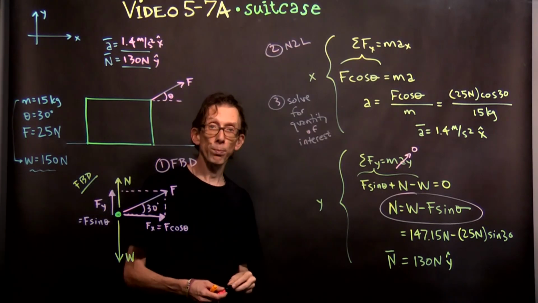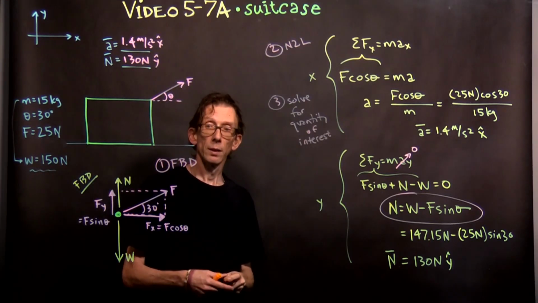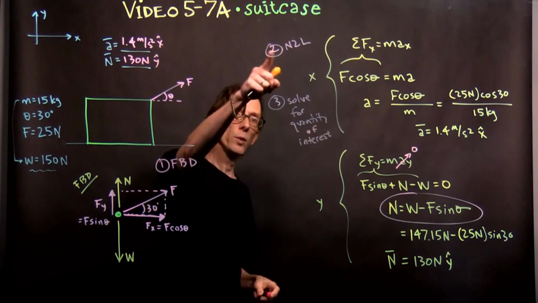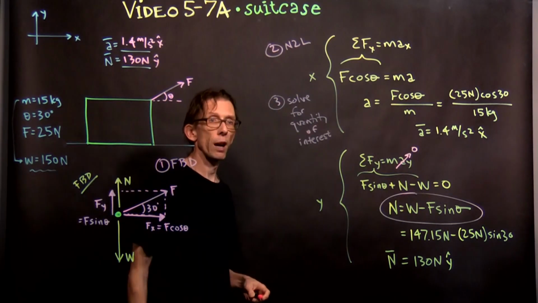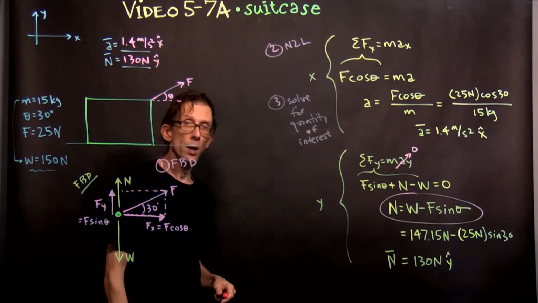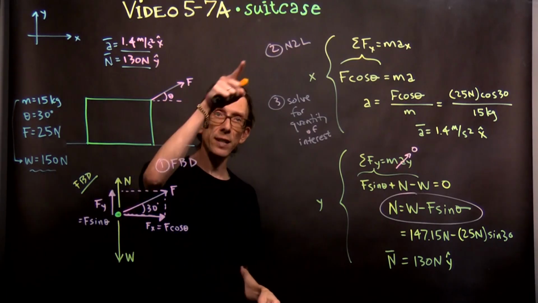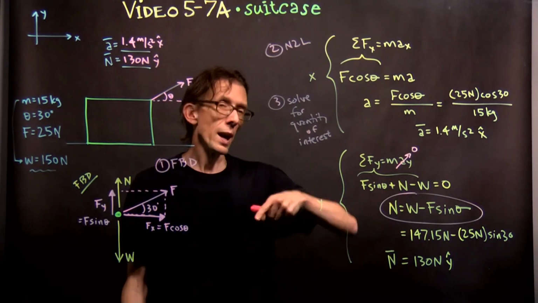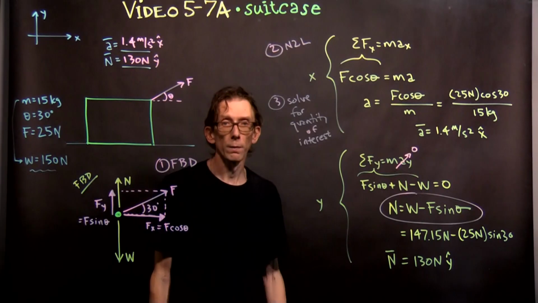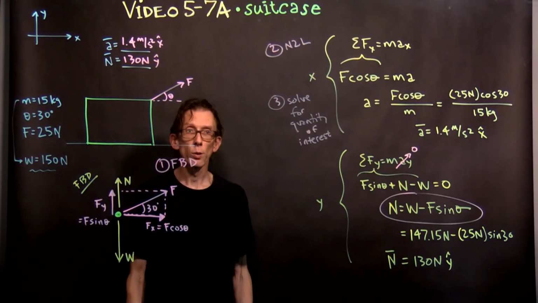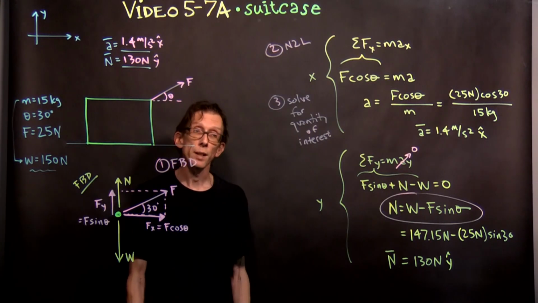It's a 3-step process we take: free body diagram, Newton's second law, and then algebraically solving for the quantity of interest. We will keep our eyes on these 3 steps in the next video and in several videos to follow, as a general approach to solving these problems in chapters 5 and 6.